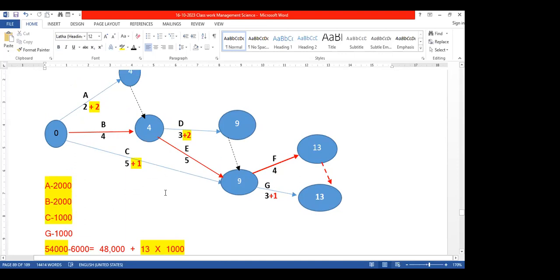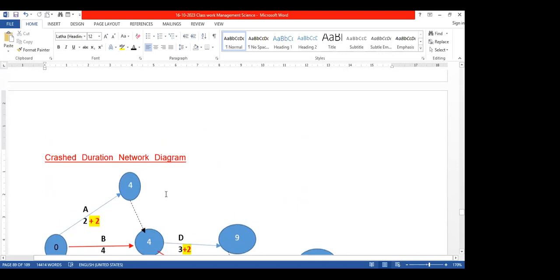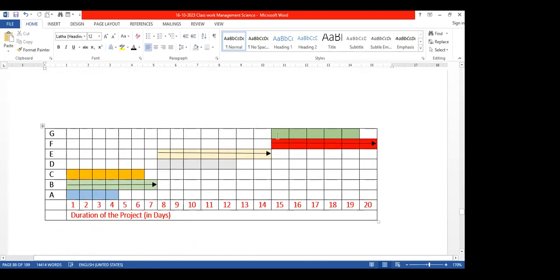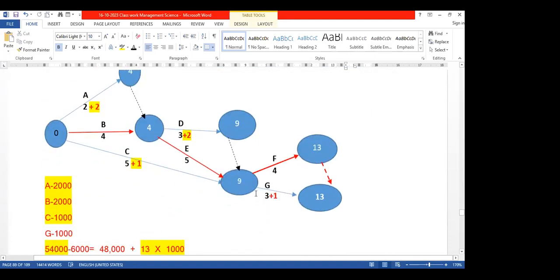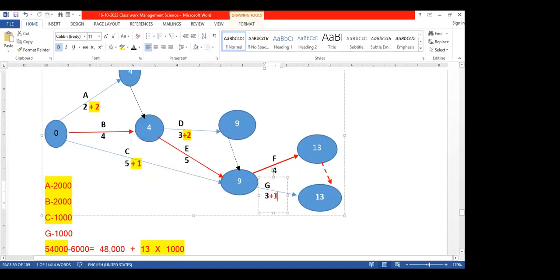But if you look at G, how many days? 1, 2, 3, 4, 5 days. We have reduced it to 3 days. But we cannot add all 2 days here. Because if you add that one, the critical path will change.